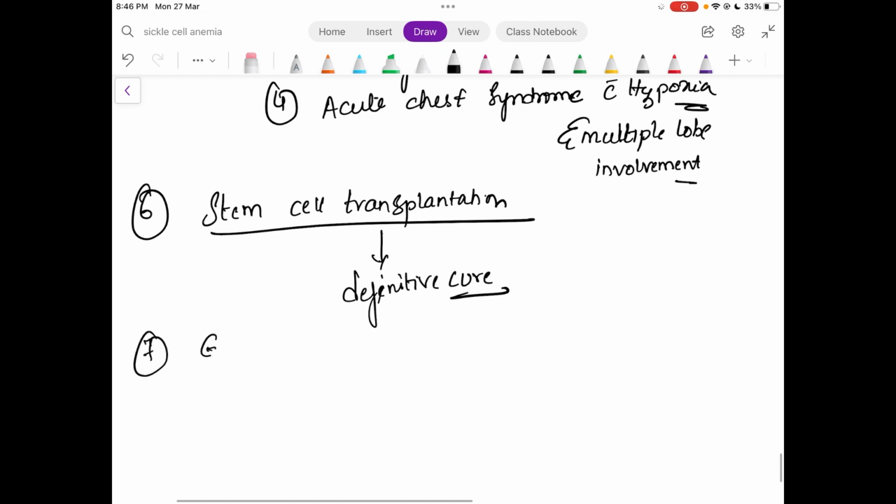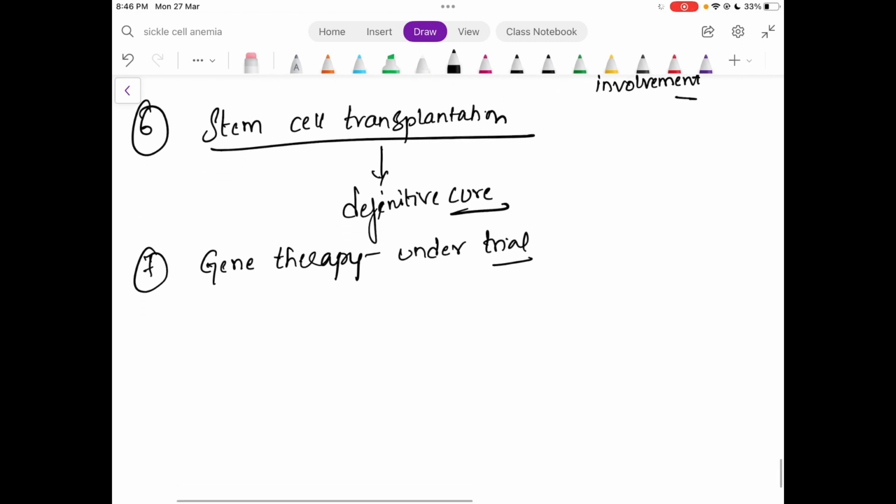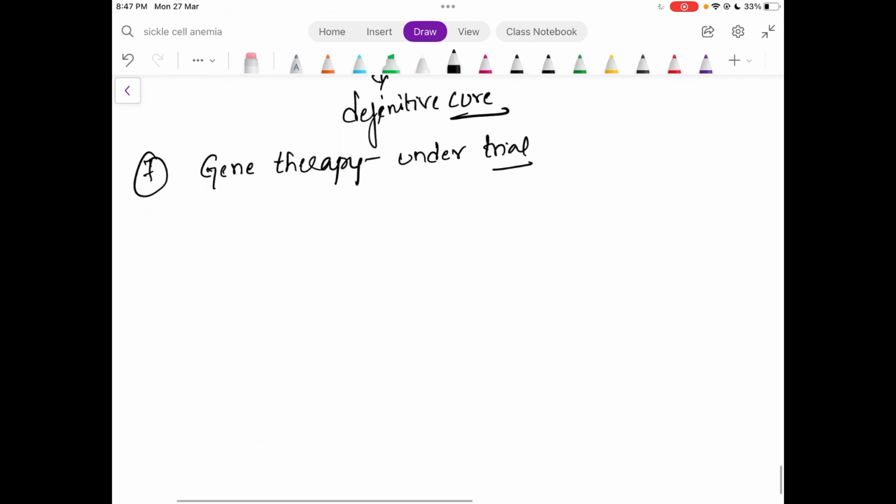And gene therapy, this is under trial. We have to know about long term side effects in these gene therapy patients, and you have to do preventive measures and screening.